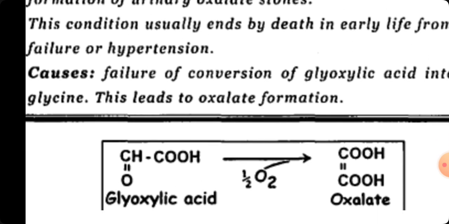That is, glyoxylate is either transaminated to give glycine, which is blocked, or oxidized to formate, which is blocked. Then it turns towards the formation of oxalate, and that oxalate results in renal failure and hypertension.